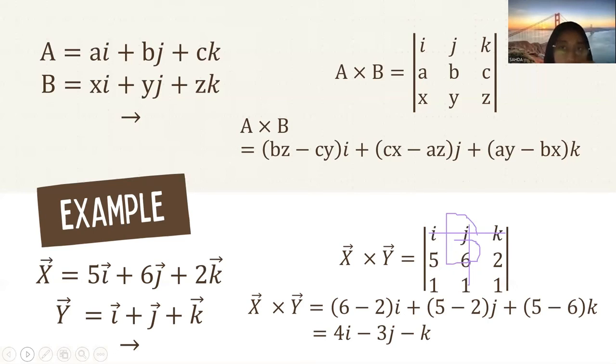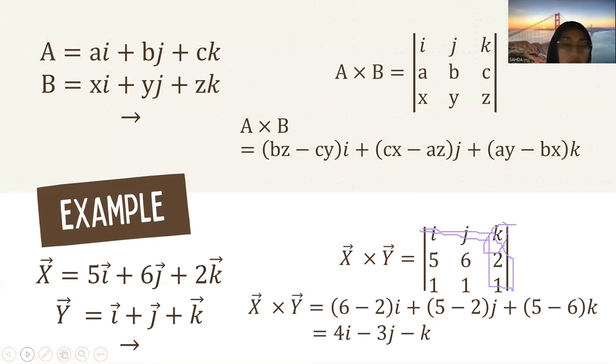And then the last is for k hat, you cross out this column and row, and you have 5 times 1 is 5 minus 6 times 1 is 6.